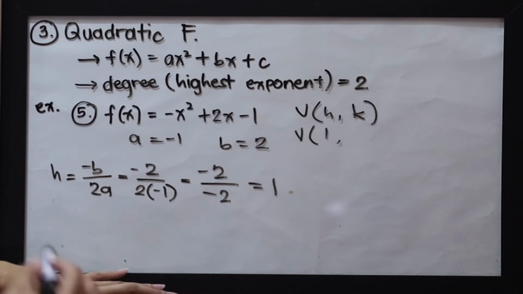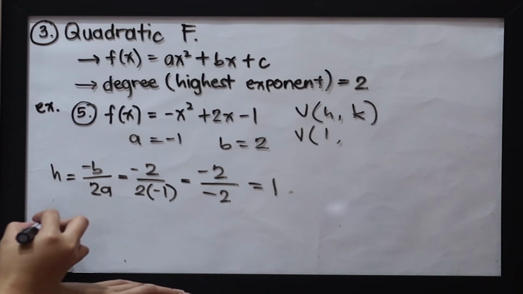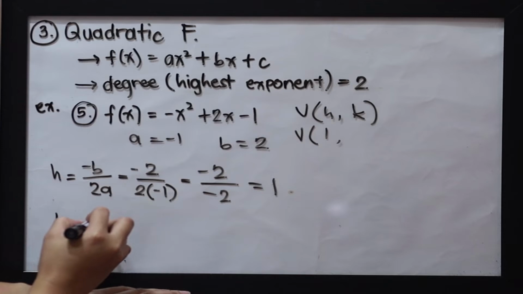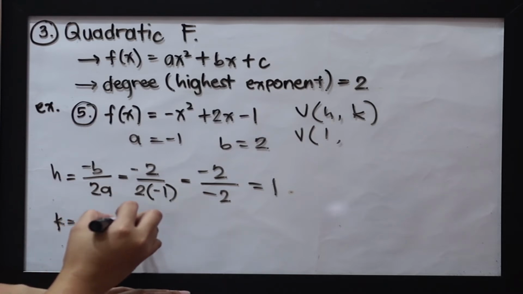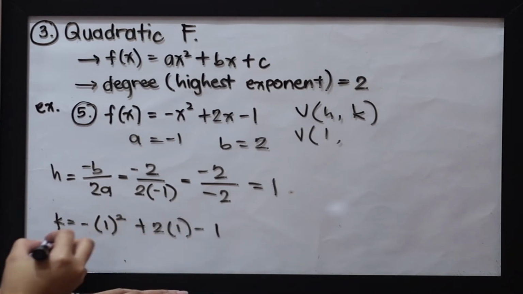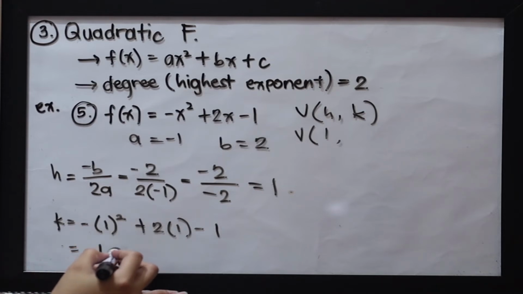To get the value of k, you have to substitute the value of x in the given function. So k is equal to negative times 1 squared plus 2 times 1 minus 1. Then simplifying, negative times 1 squared is positive 1.